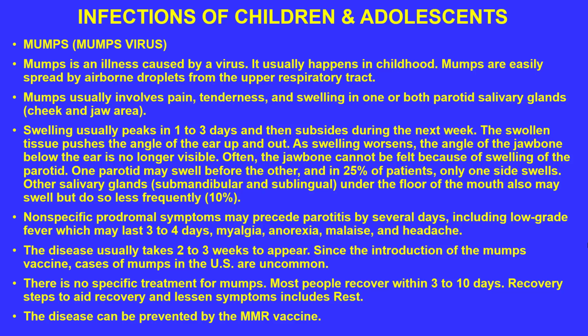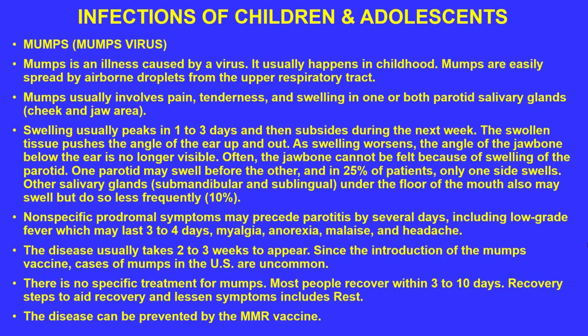Swelling usually peaks in 1 to 3 days, then subsides during the next week. The swollen tissue pushes the angle of the ear up and out. And as the swelling worsens, the angle of the jawbone below the ear is no longer visible. Often the jawbone cannot be felt because of the swelling of the parotid.